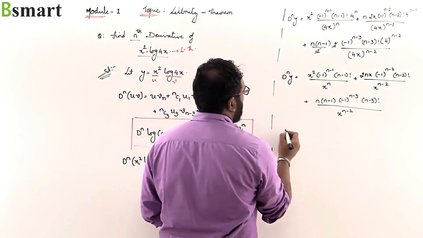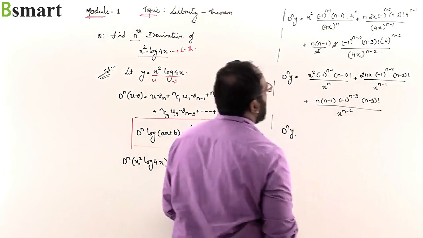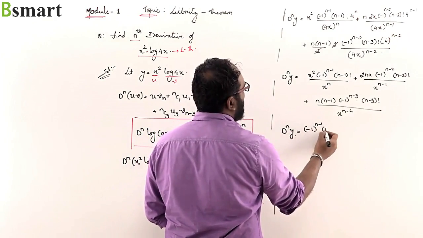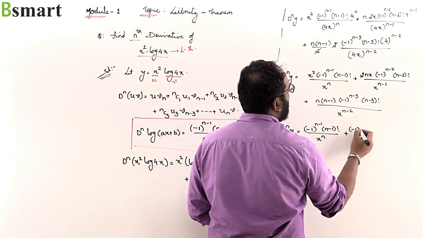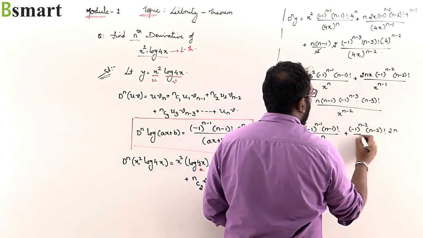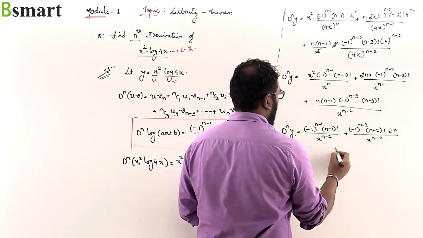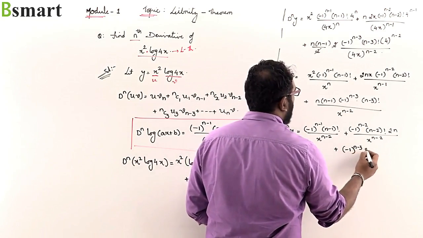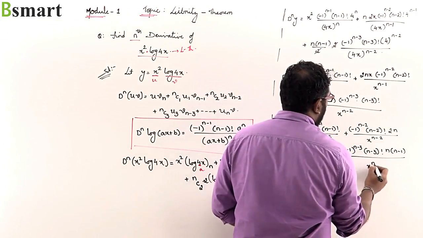What I'll do is divide with x, so then that will be minus 1 to the power n minus 1 into n minus 1 factorial by x to the power n plus minus 1 to the power n minus 2 into n minus 2 factorial into 2n by x to the power n minus 2, plus minus 1 to the power n minus 3 into n minus 3 factorial into n into n minus 1 by x to the power n minus 2.